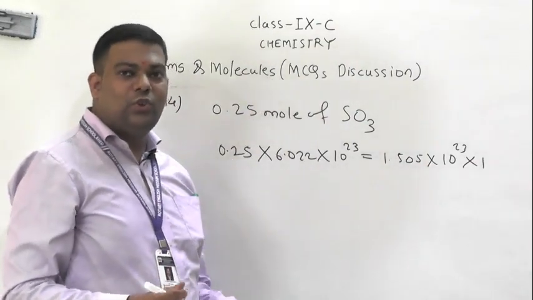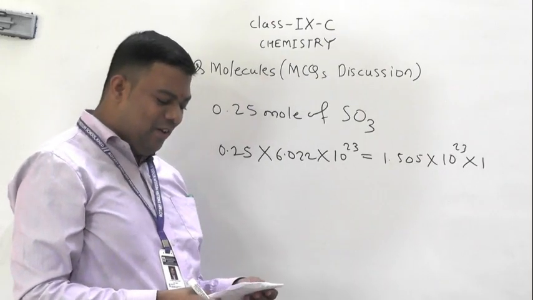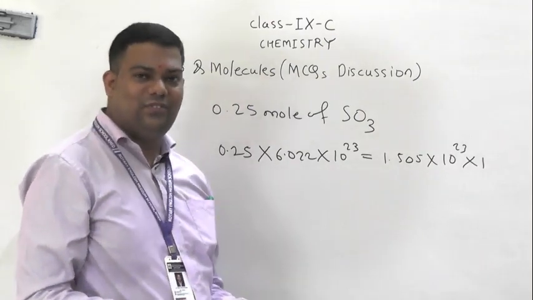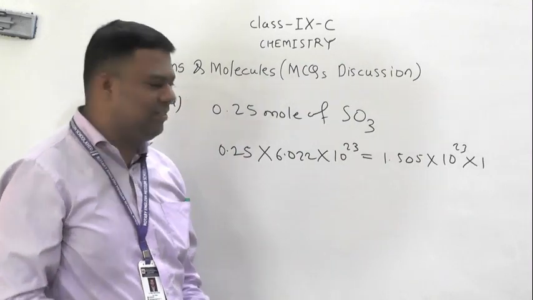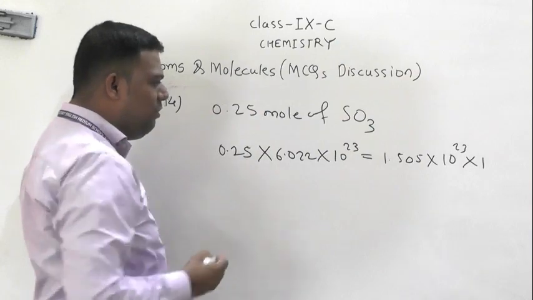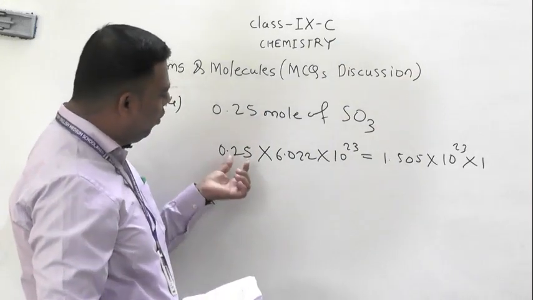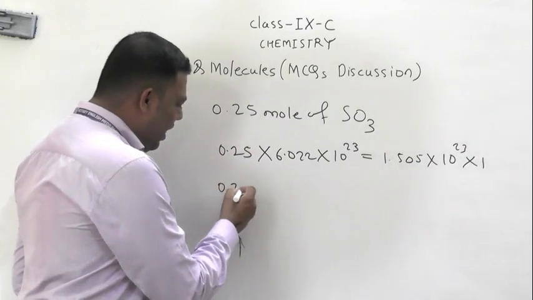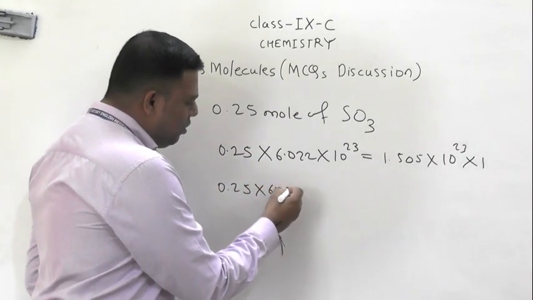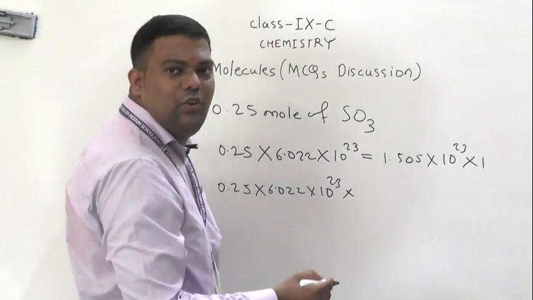Understood? And they will ask for 4.515. We are first checking our option A, whether it is correct or not. So if we do the same, 0.25 mole we have into 6.022 into 10 raised to 23, same, into 3 for oxygen.